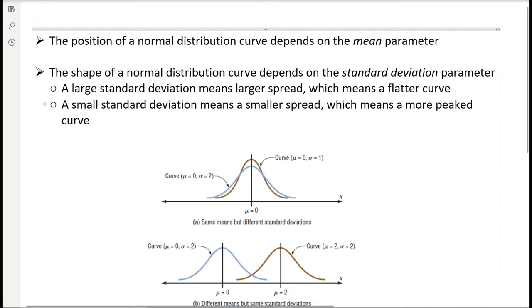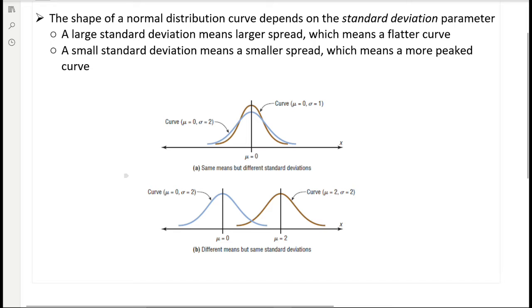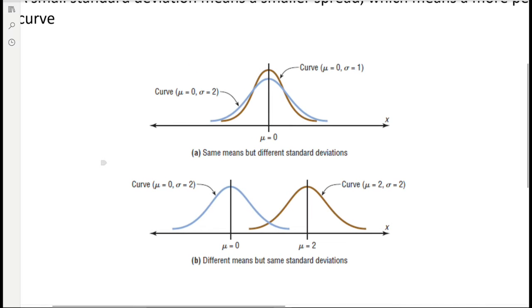A small standard deviation means a smaller spread, which means a more peaked curve. There's an image below of how this looks. If you remember, if I change the mu from 0 to 2, it shifts it to the right. If I change the standard deviation so that it's bigger, then the graph flattens out more.